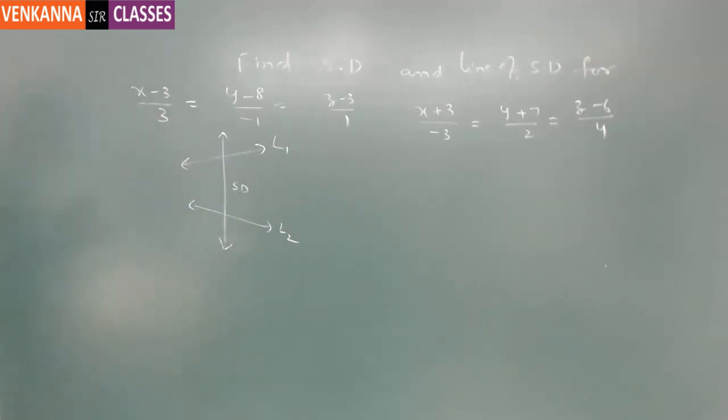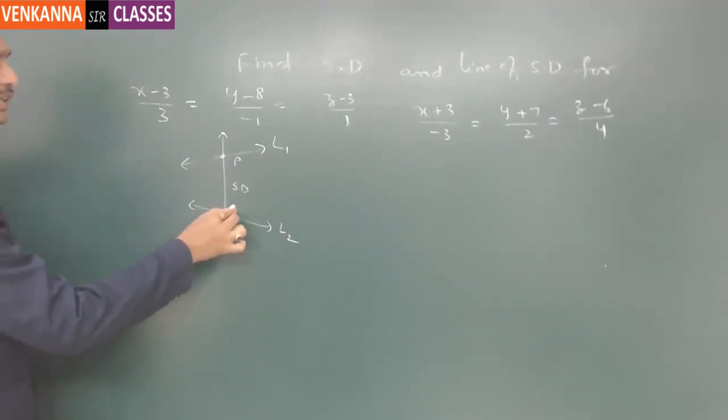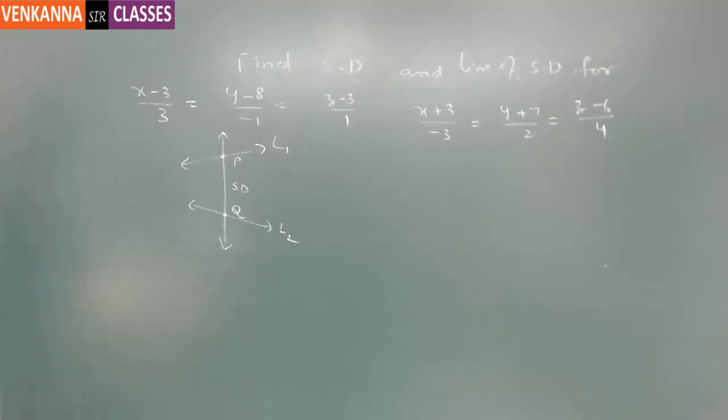In other words, we will find a line which is exactly perpendicular to both the lines and which intersects them. So SD is nothing but the distance between the 2 points where the SD line meets the given lines. Okay.